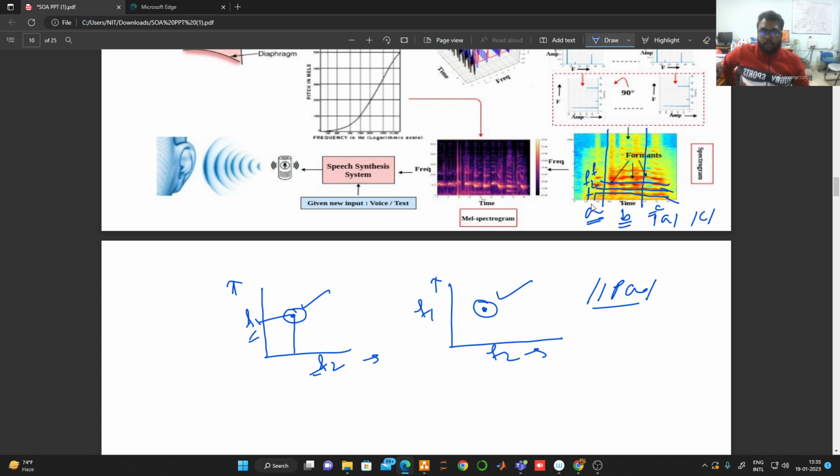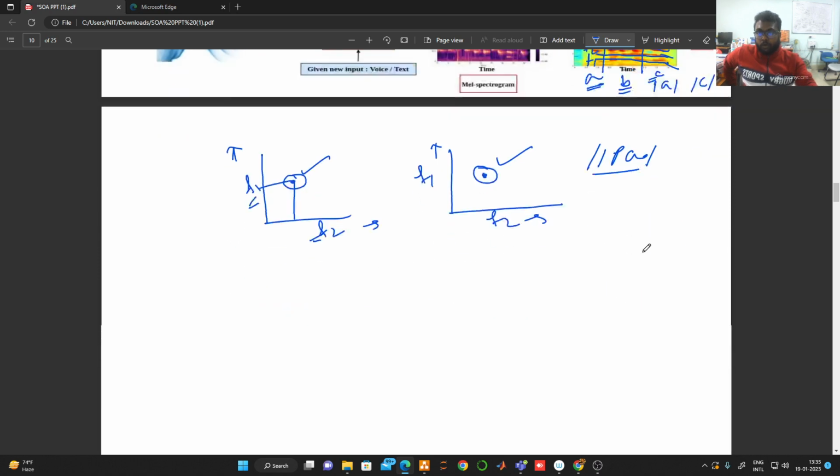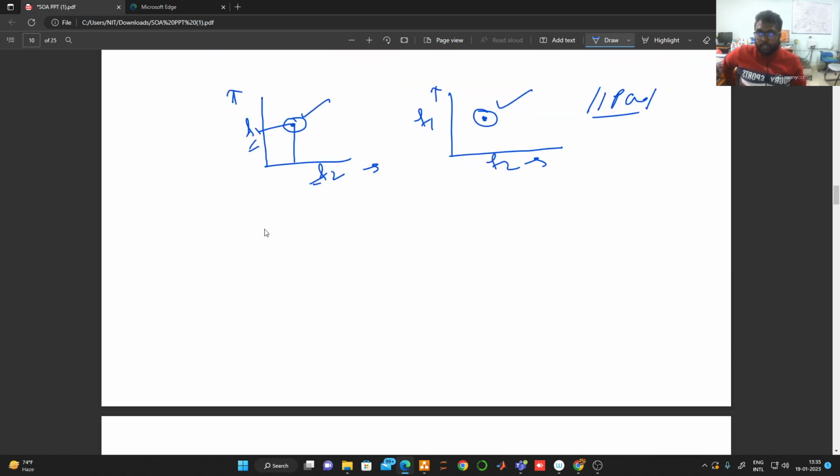The initial part was the generation. Once the generation is done, I want to convert the acoustic signal, the .wav file, which is its digital representation, into text. That is speech recognition.